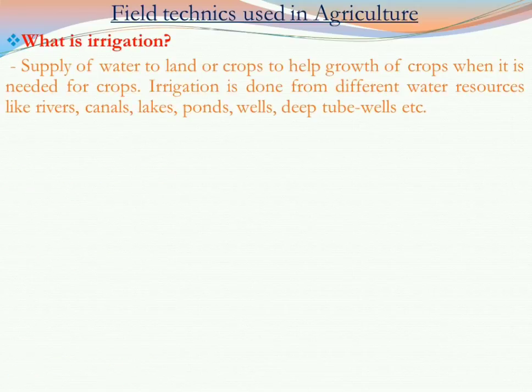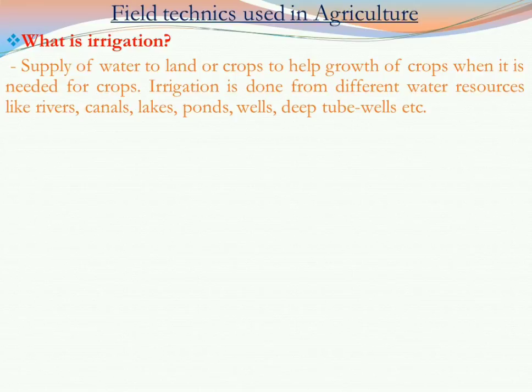Actually irrigation is supply of water to land or crops to help growth of crops when it is needed for crops. That is, if there is a condition that crops and land are not getting water, at that time we have to supply water for the growth of plants.